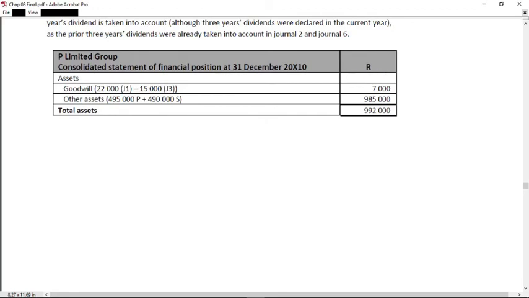In the consolidated statement of financial position, I just want to show you the goodwill. Remember, we started off with goodwill in the at acquisition journal for the ordinary shares, but we had to offset the gain from bargain purchase against that to only have one amount presented in the consolidated SFP.